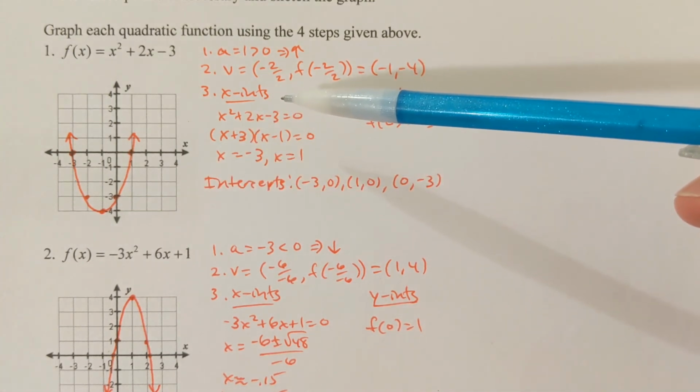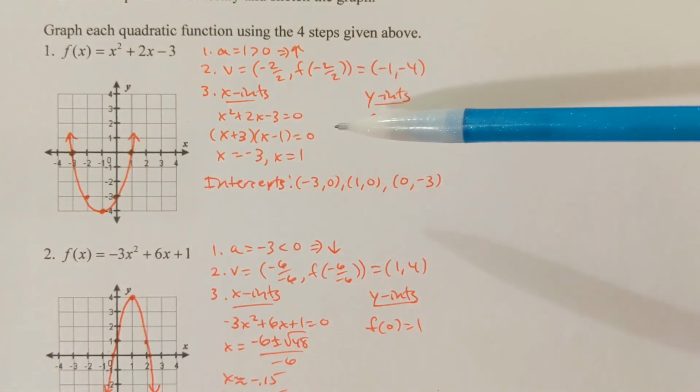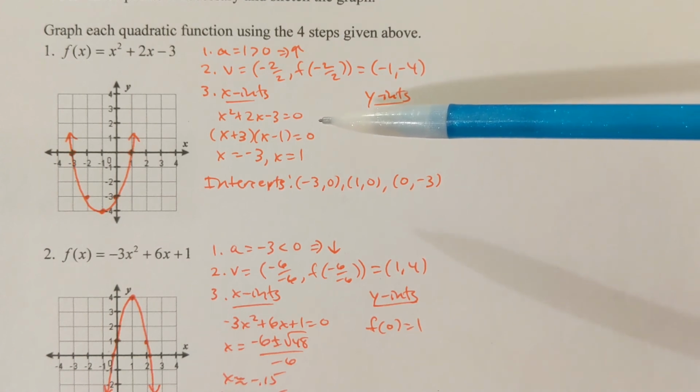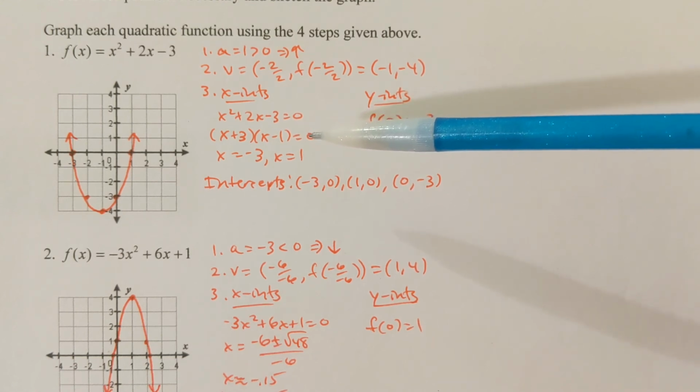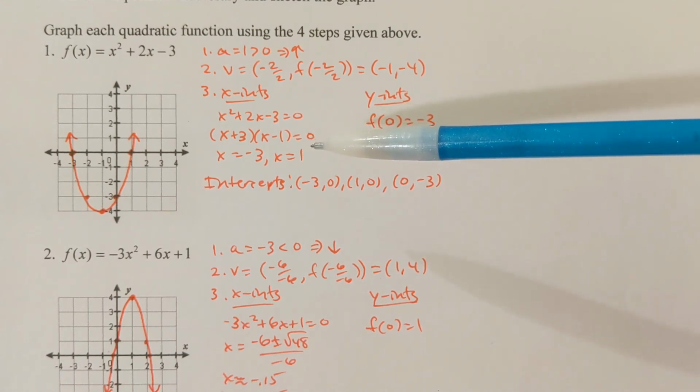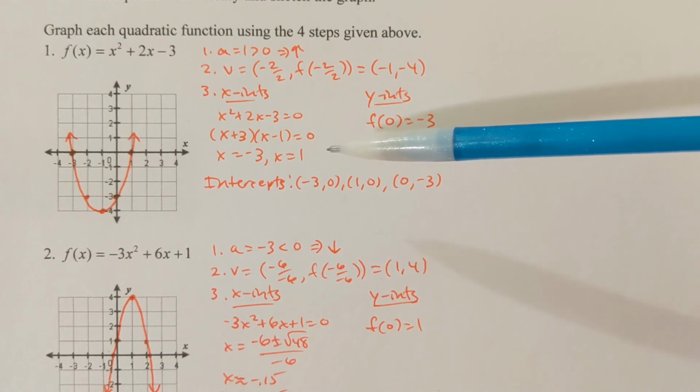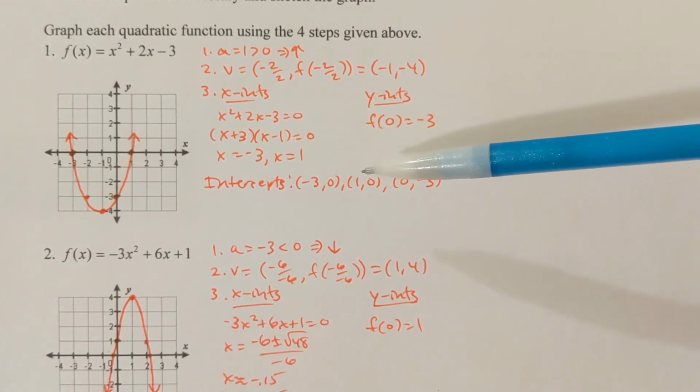Step 3 is to find the intercepts. To find the x-intercepts, I let y be 0 and solve for x. x² + 2x - 3 = 0 factors nicely as (x + 3)(x - 1) = 0. And so x = -3 and x = 1. Those are the two intercepts.